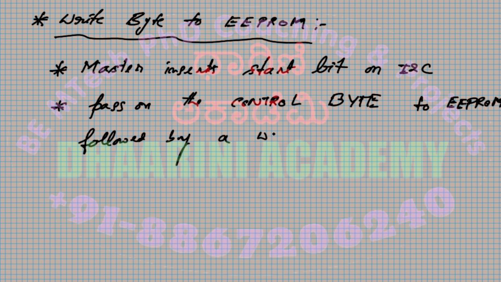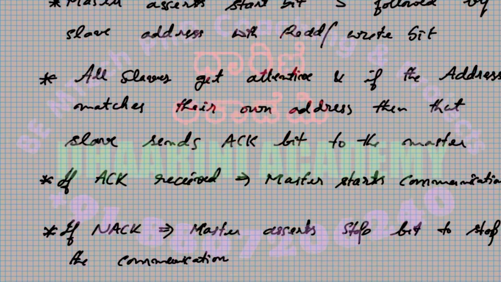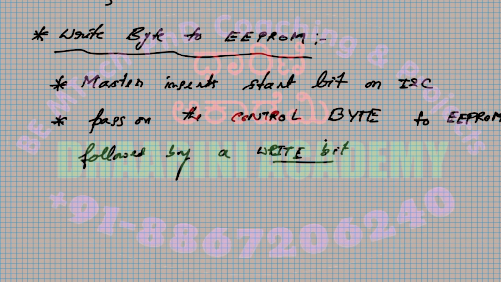So if you look at the right position in our control register, for read it is 1, for write it has to be 0, correct? So make the write bit 0. The R/W bar bit, make it 0.